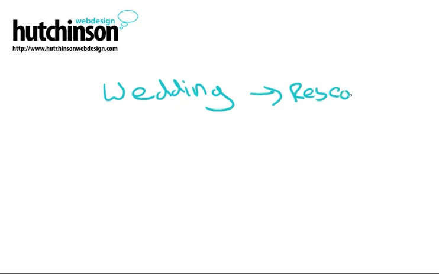So really, with this sort of thing, let's take weddings as an example. If we were targeting the wedding sector, if someone was typing the keyword wedding into Google, my assumption would be that this is a very research-heavy phrase. It's very broad.